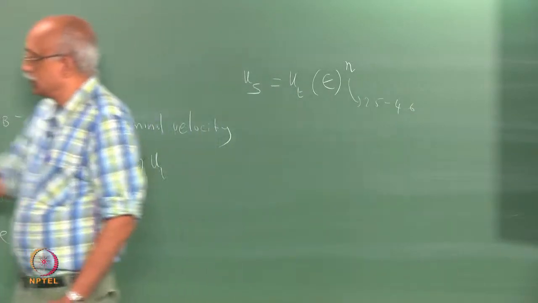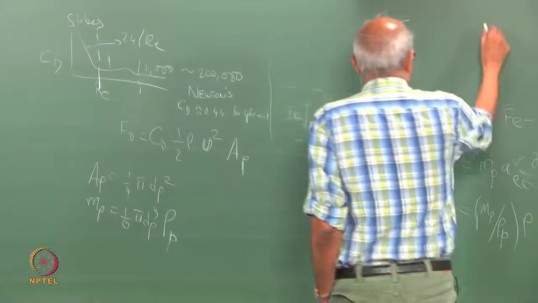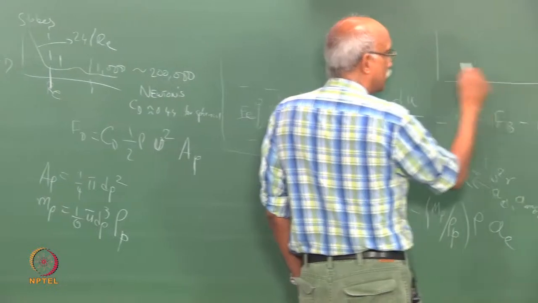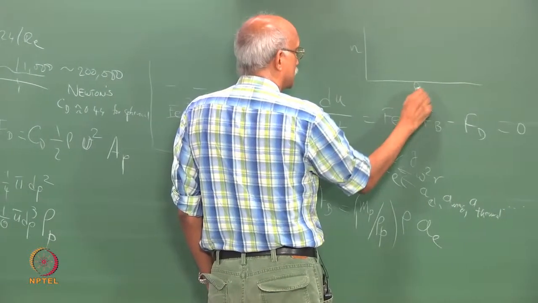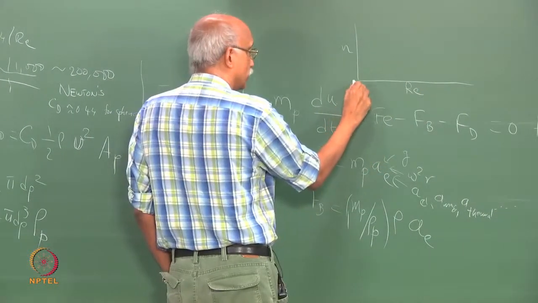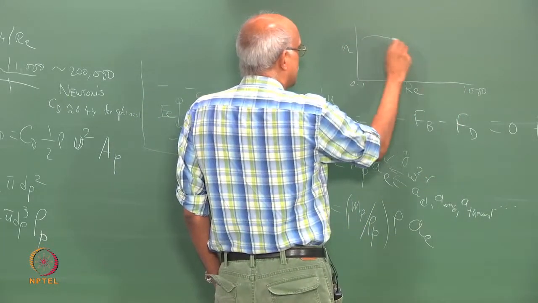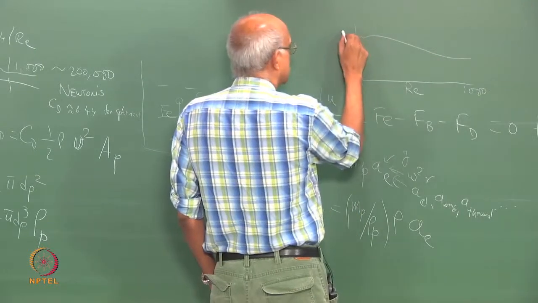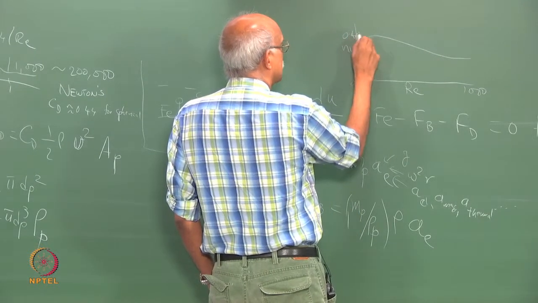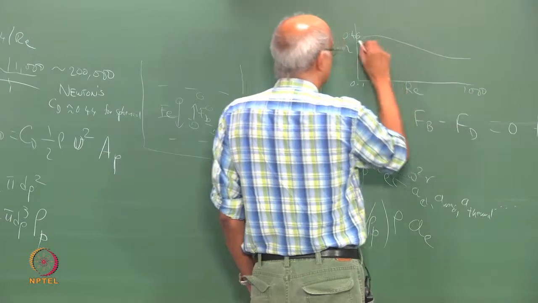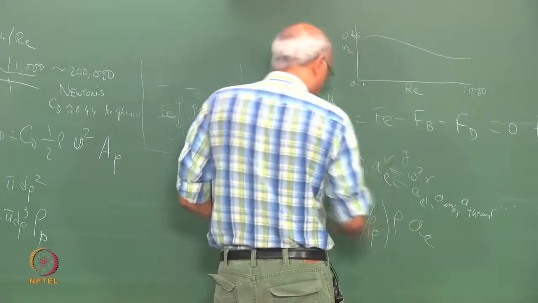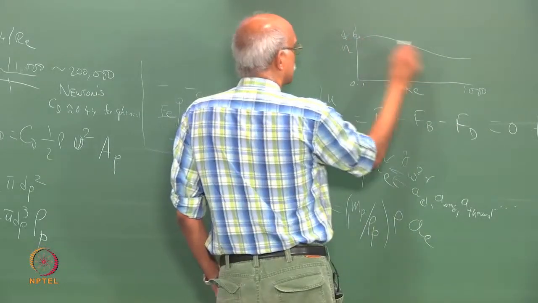In fact, if you take that same curve and you plot this value of n as a function of Reynolds number going from 0.1 to 1000, this has a behavior that kind of looks like this, where here this is 4.6 and this is 2.5.